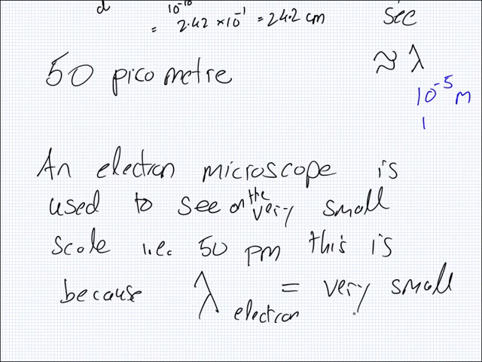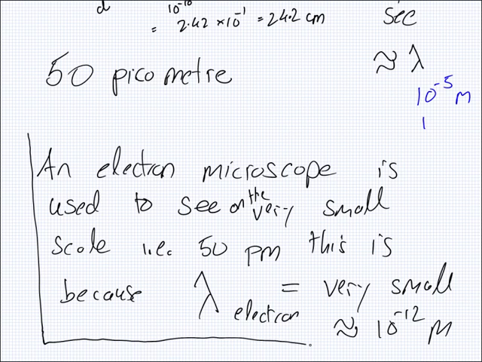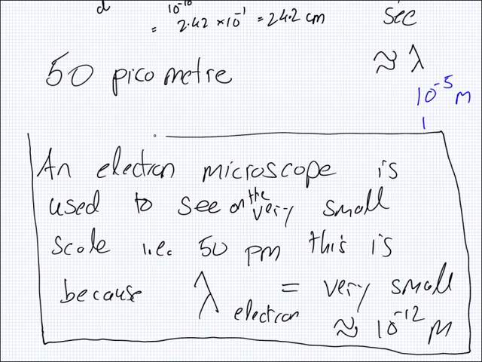So it's about the same. Okay, so an electron microscope is used to see on the very small scale, i.e. 50 picometers. This is because the wavelength of the electron is very small. You can write that down.